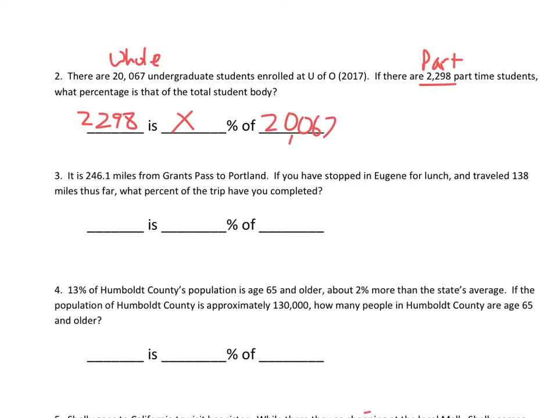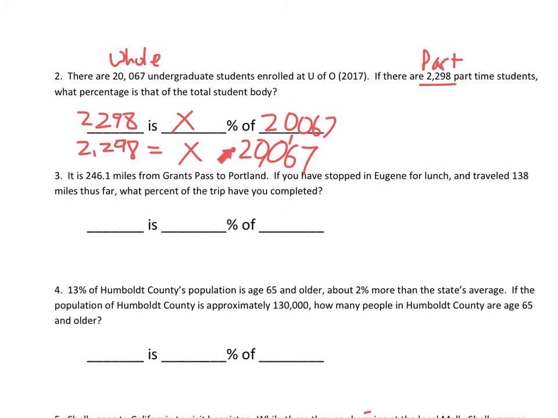So now we need to change it to an equation. 2,298 is, which means equals, x of, which means times, 20,067. Now we can solve this. We need to divide both sides by 20,067, trying to solve for x.